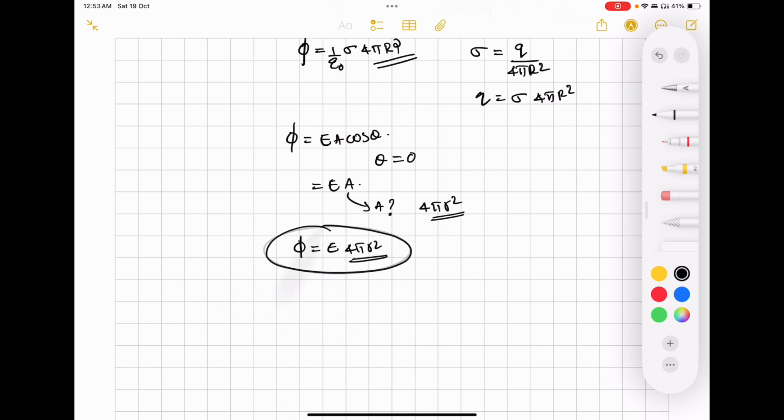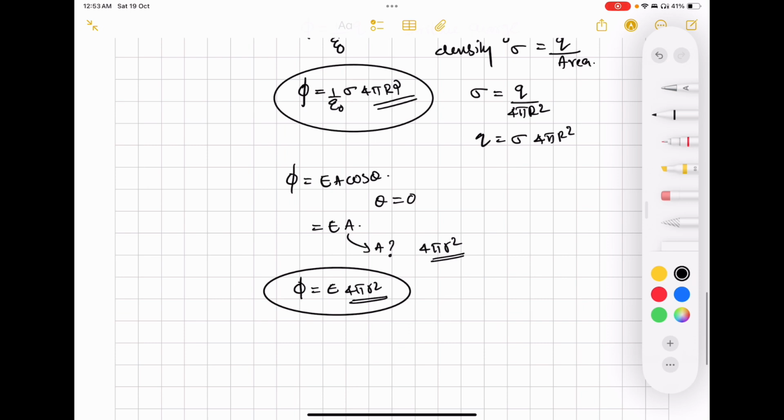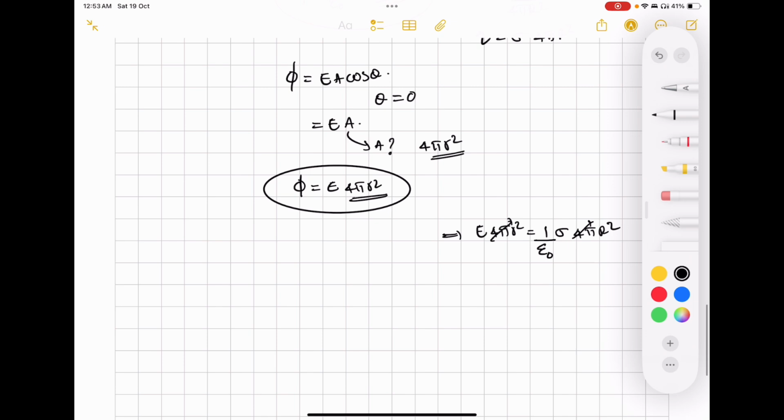Now we have expression for phi in two different forms, and we are going to equate these two phi's. So we can equate it as E into 4 pi r square is equal to 1 by epsilon 0 sigma into 4 pi capital R square. 4 pi cancel.